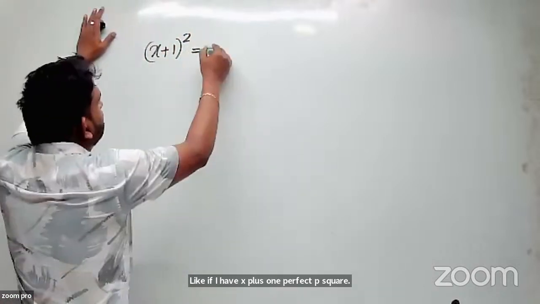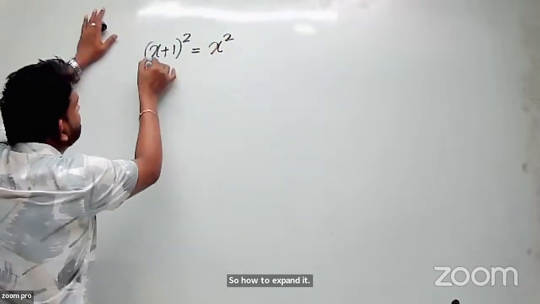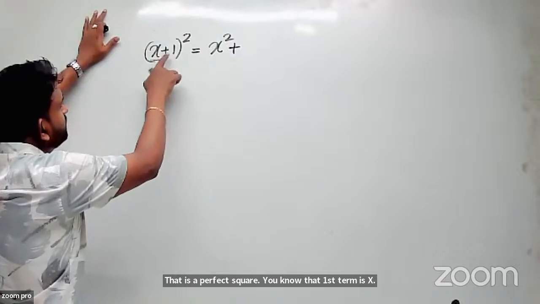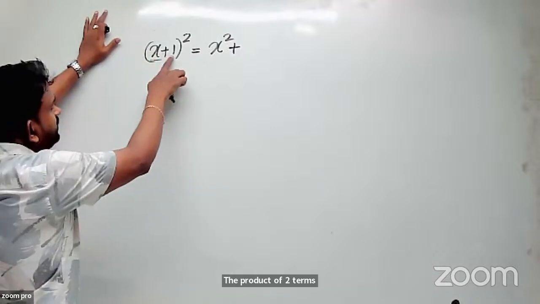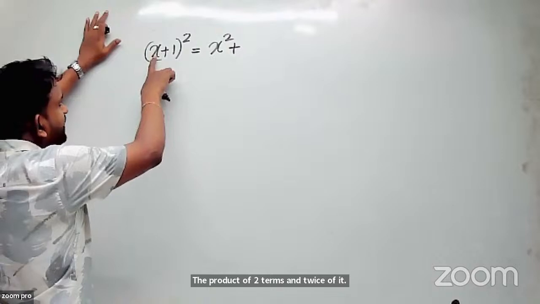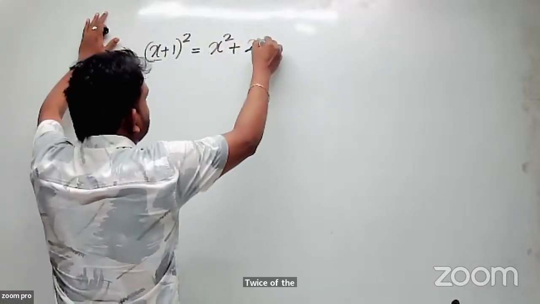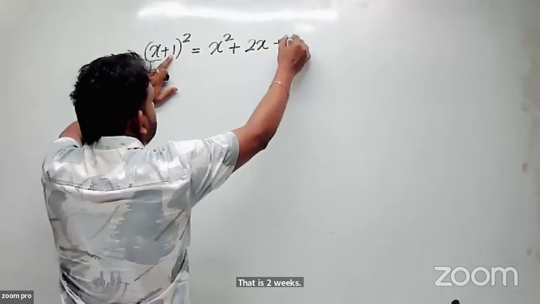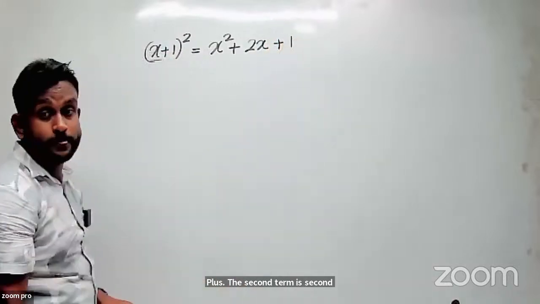You know the first term is x, so x squared, plus twice the product of the two terms, 1 into x, twice, that is 2x, plus the second term squared, 1 squared is 1.